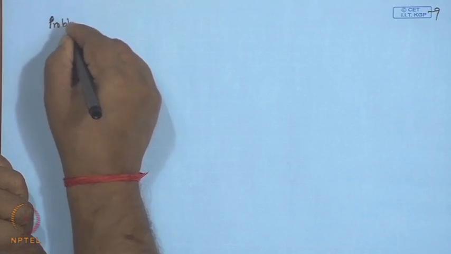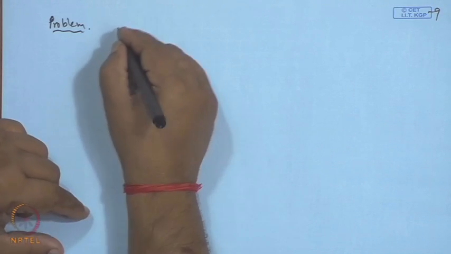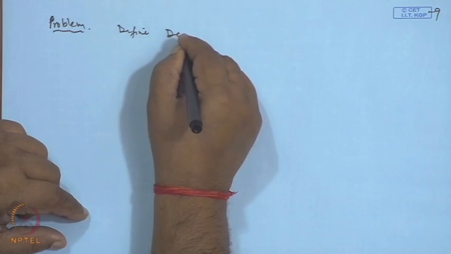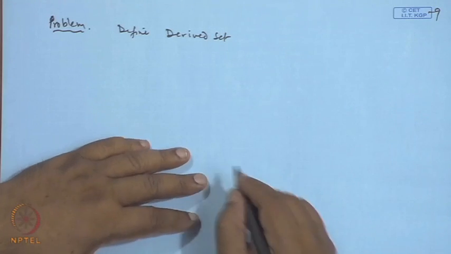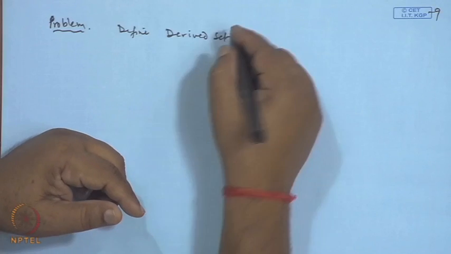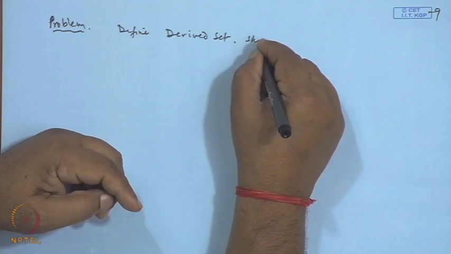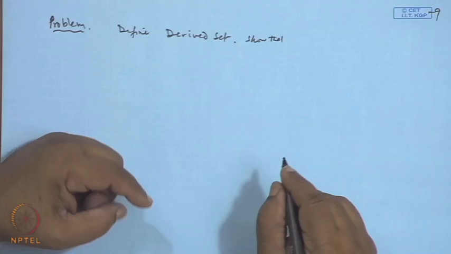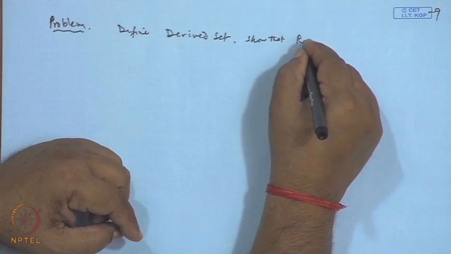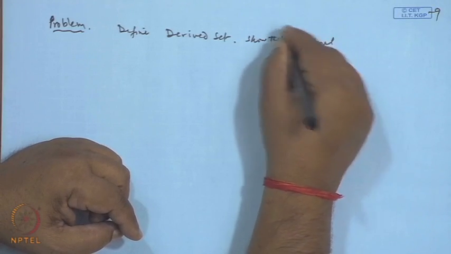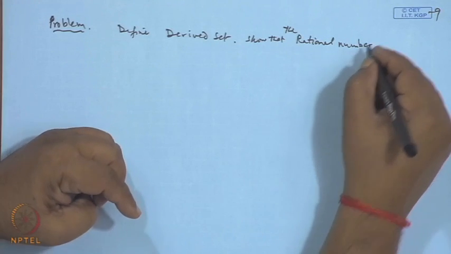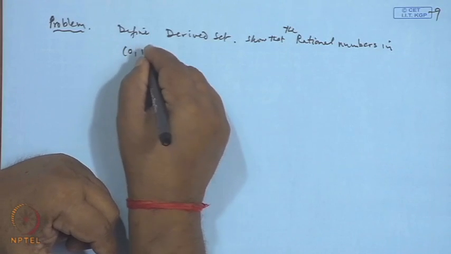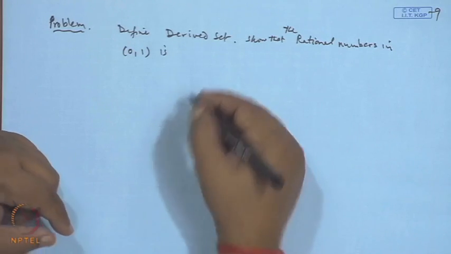Define the derived set and show that the rational numbers in the interval [0, 1] is a set of the second species.